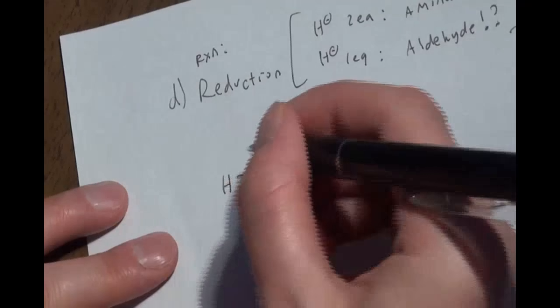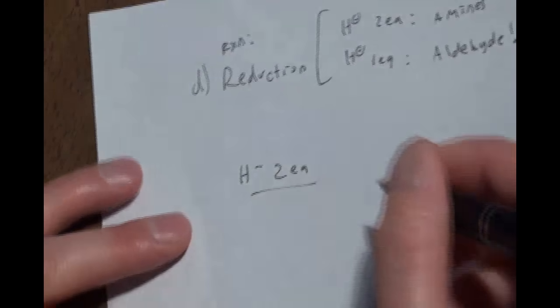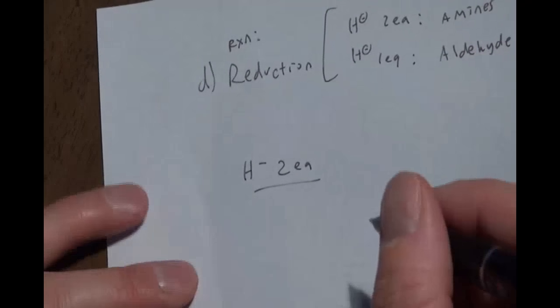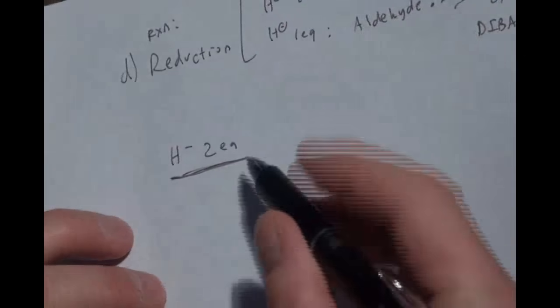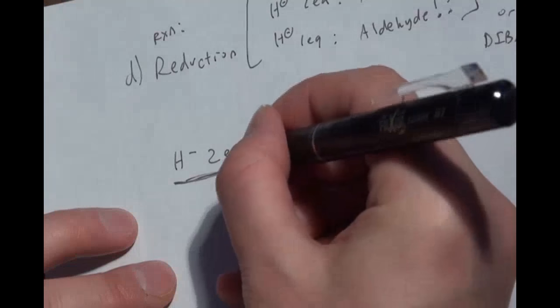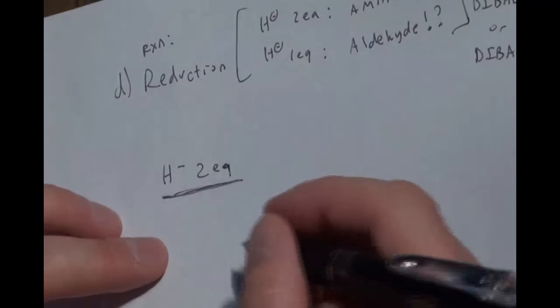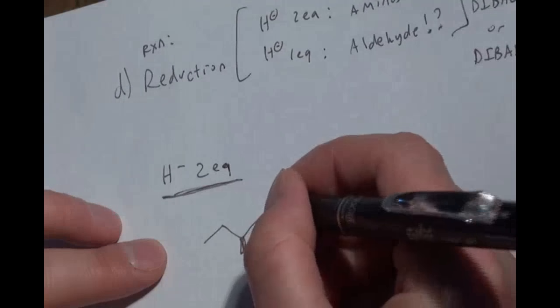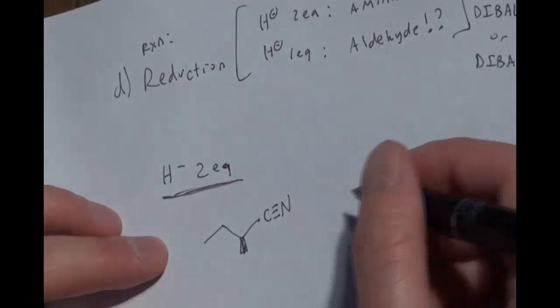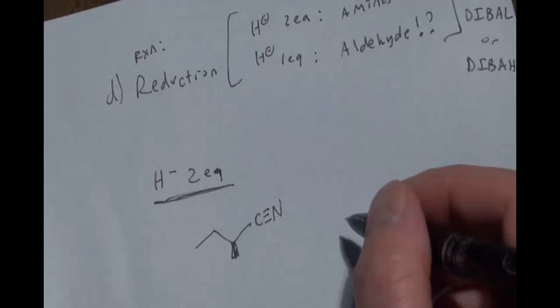Okay. All right. So let's show these two: H minus 2 equivalent first, and then H minus 1 equivalent. So for the double reduction, 2 equivalents, we're going to add 2 H's. Let's draw, why not, a complicated looking nitrile with a chiral center.